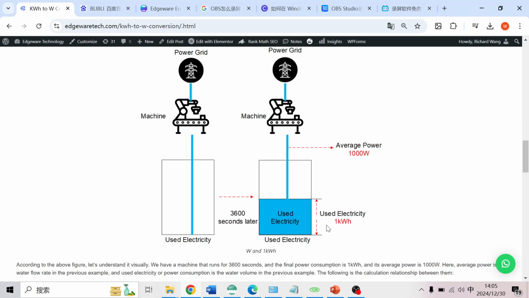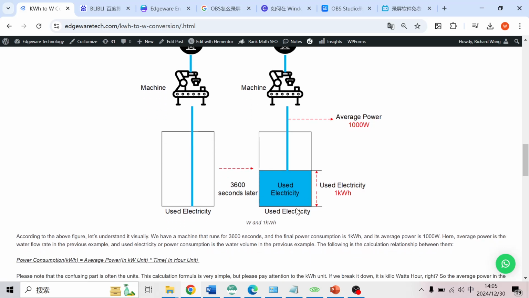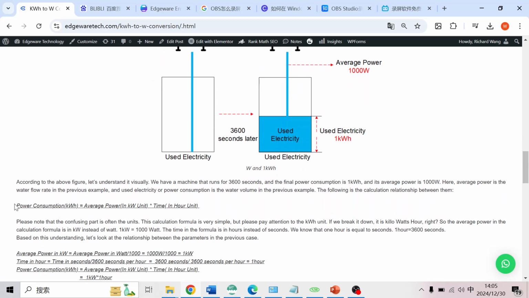Let me explain a bit of the formulation for how to change it. Power consumption in kilowatt hours is equal to average power in kilowatts, pay attention, kilowatts, multiplied by time, pay attention, in hours. You see, kilowatt hour is the electricity consumed by 1 kilowatt running for 1 hour.